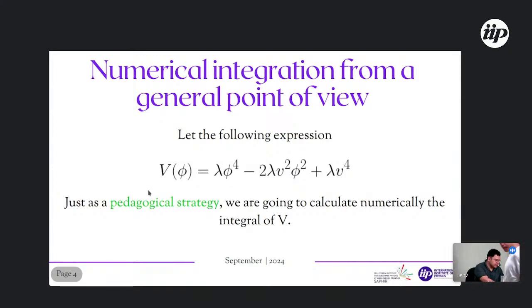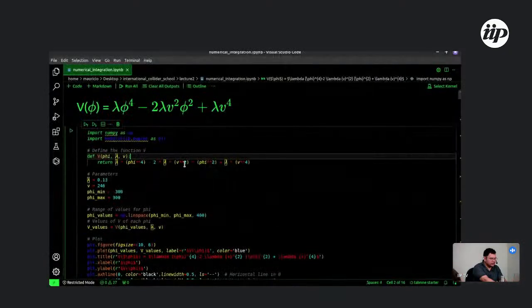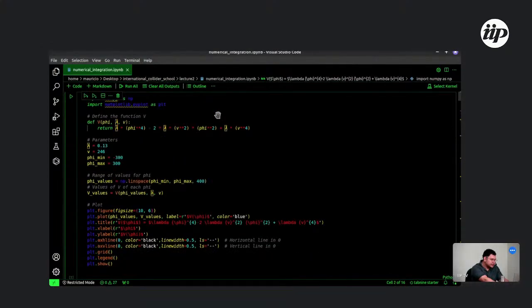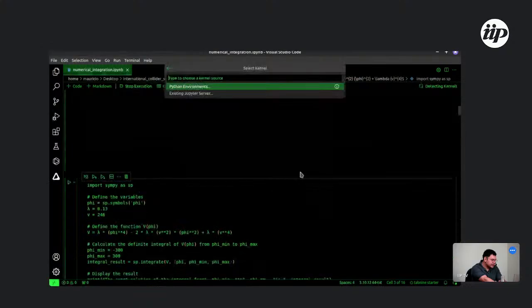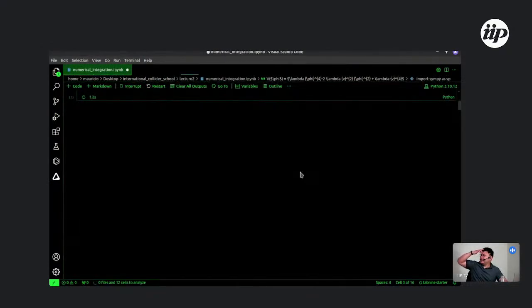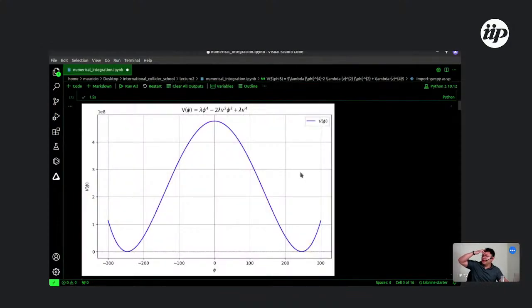We start here with the Python code. We have our function, the Higgs potential, which has this form. This is a typical potential that we find in quantum physics books and particle physics books. Our objective here is to find the area under that curve.